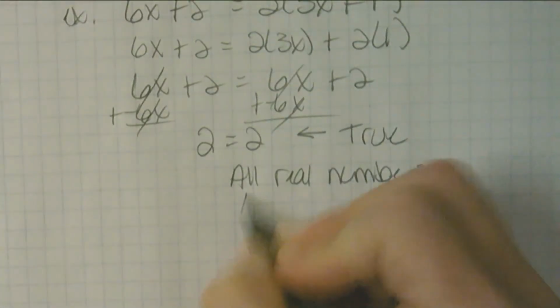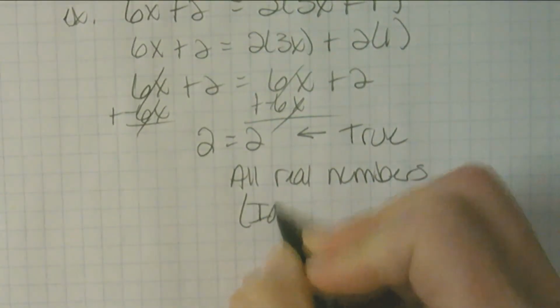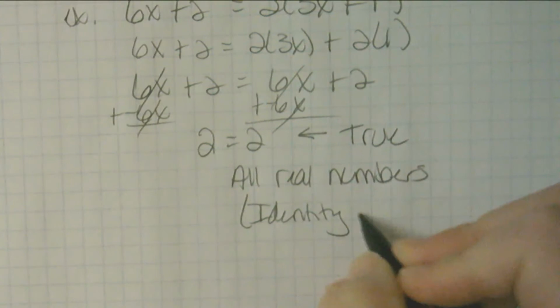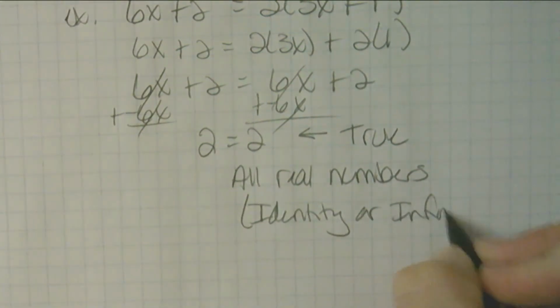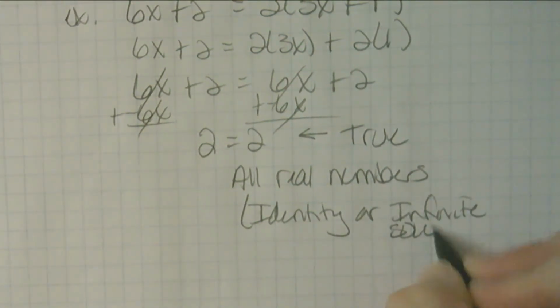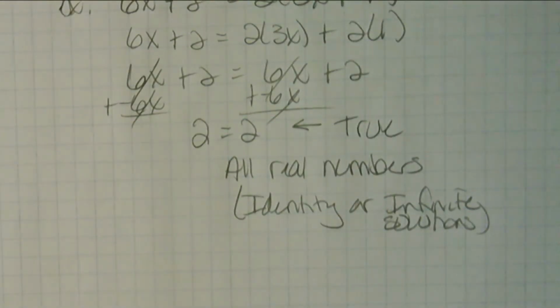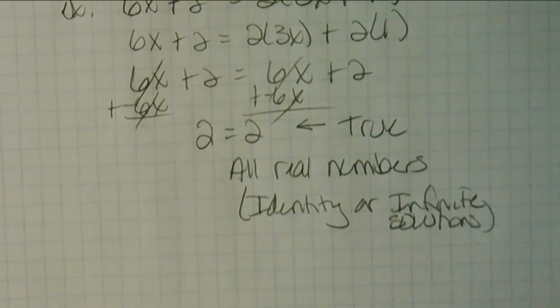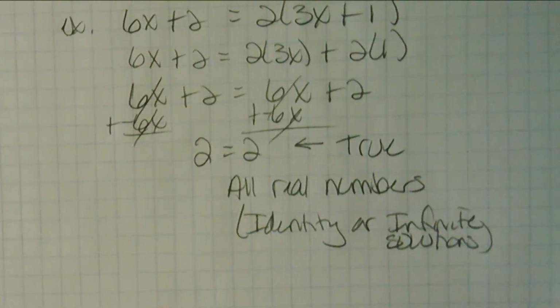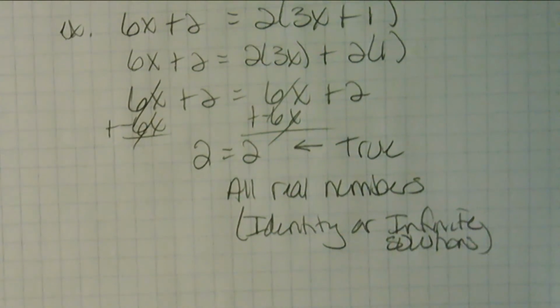This is what they call all real numbers. Another way that might be said is identity or infinite solutions. Different books say different things. Those all mean the same thing. So let's go back up and define what all real numbers actually means.